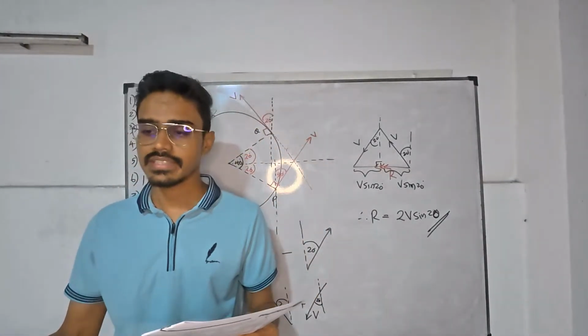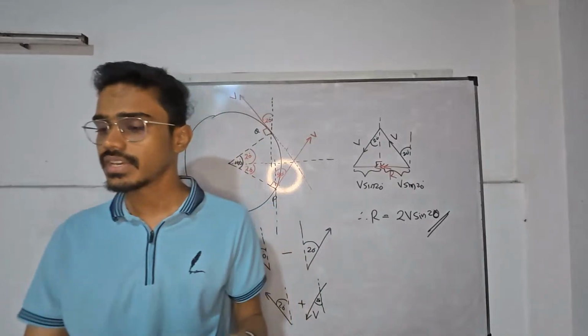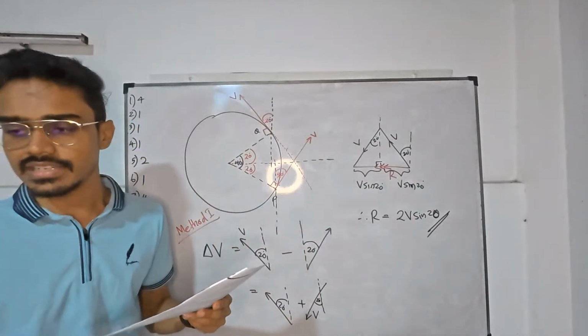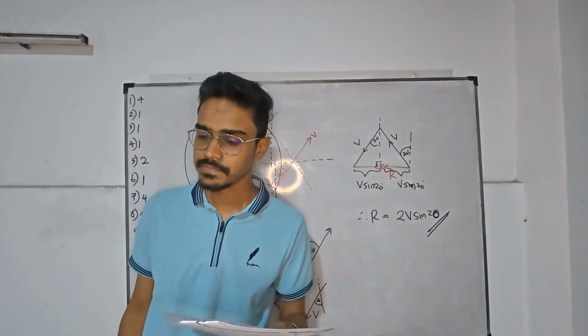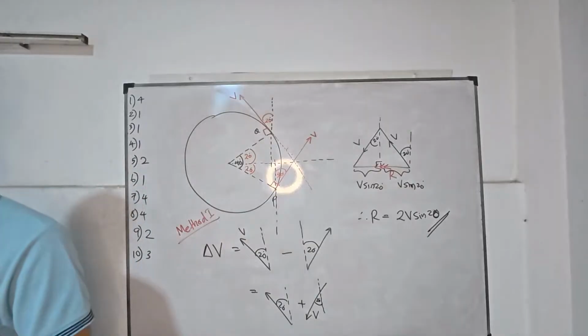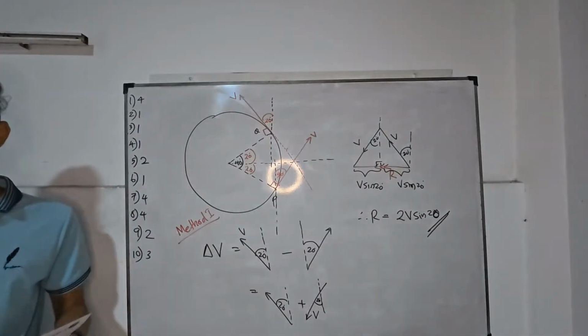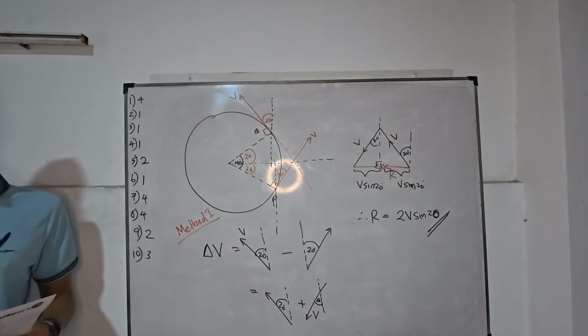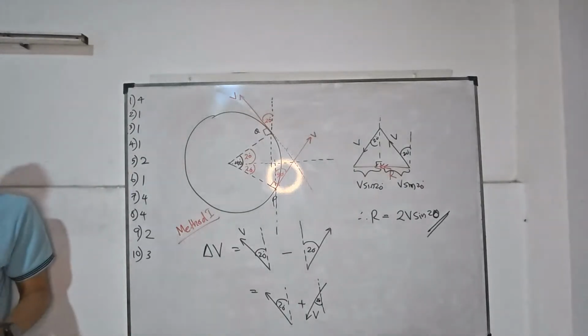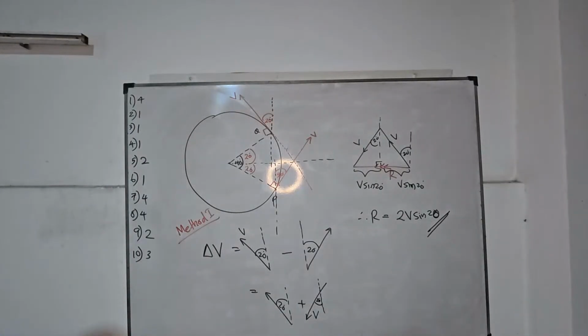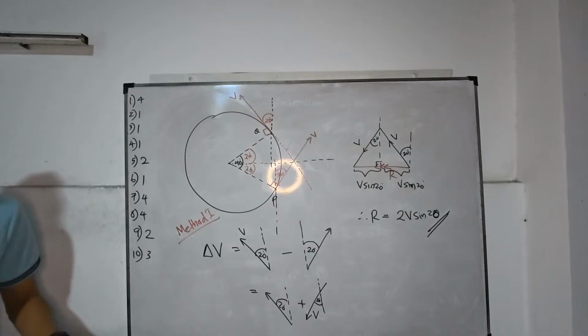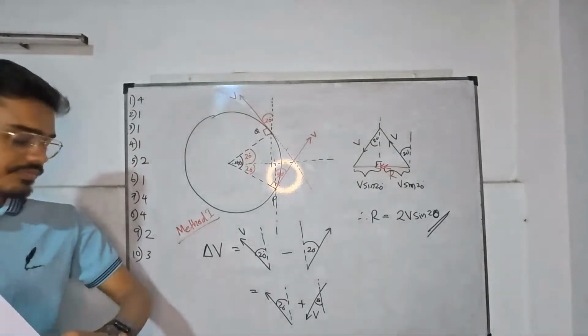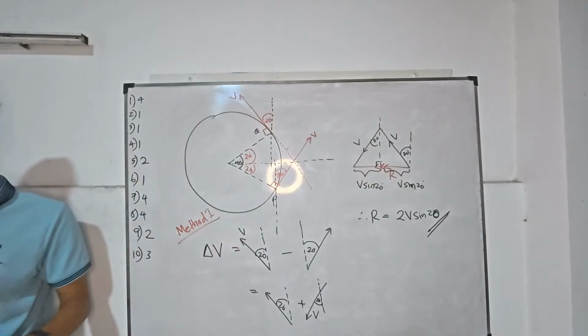Because if the direction of velocity changes, definitely there's a change. There's a non-zero change for that vector. Is it clear enough, students?